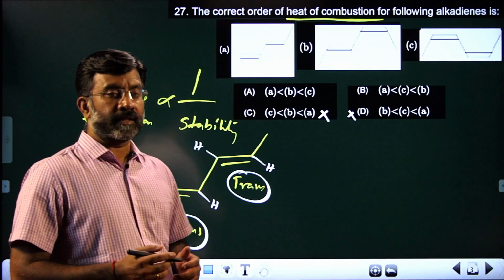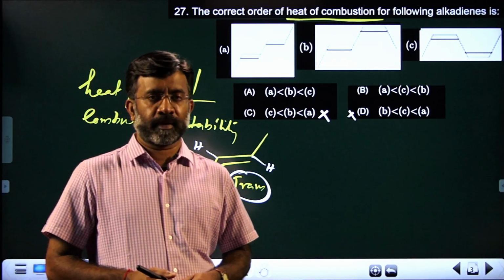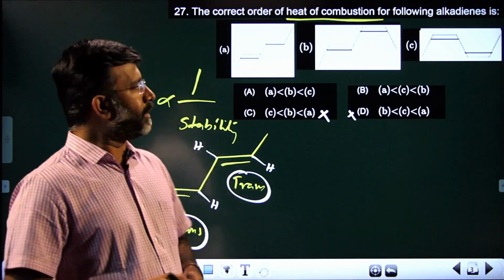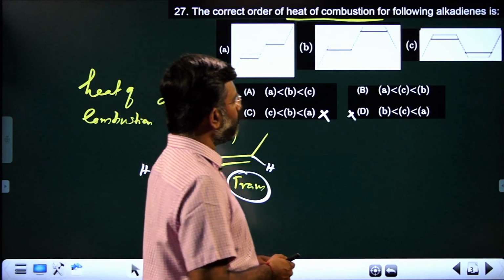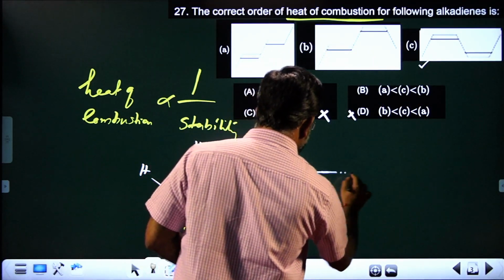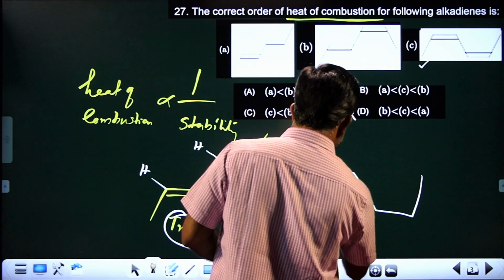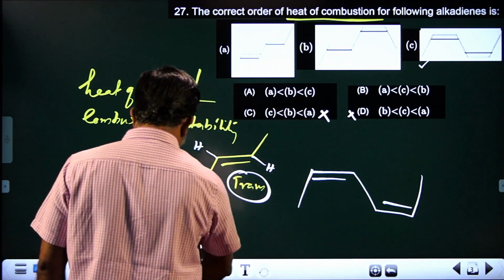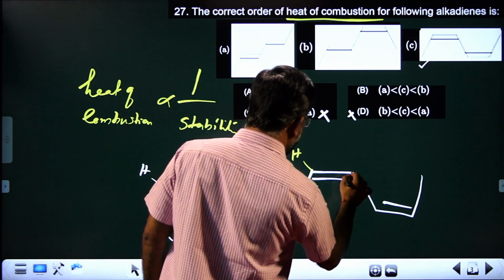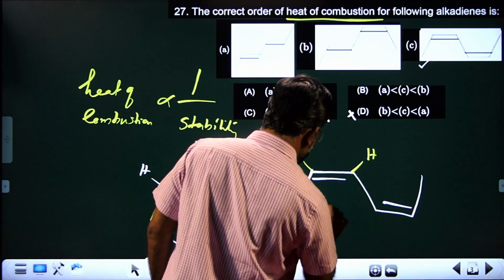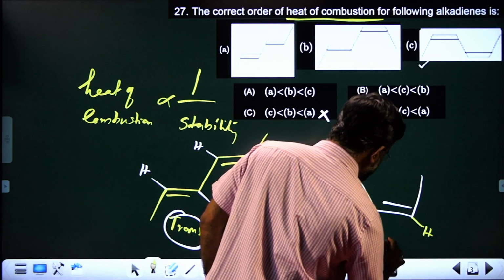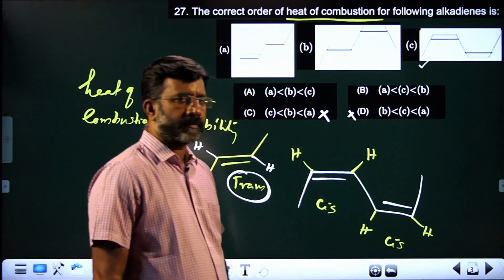Now, which is least stable? Both trans is most stable, and both cis will be least stable. You can see the third compound, given like this. Look at the double bonded area. We find a hydrogen coming here and a hydrogen coming here, so that part is cis. A hydrogen coming here and a hydrogen coming here, that is also cis.